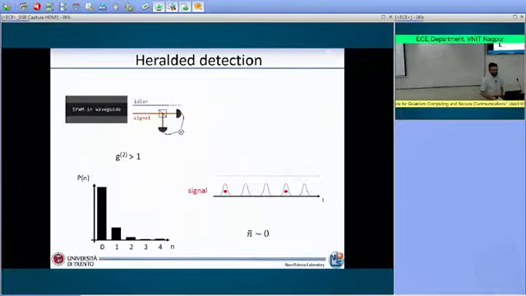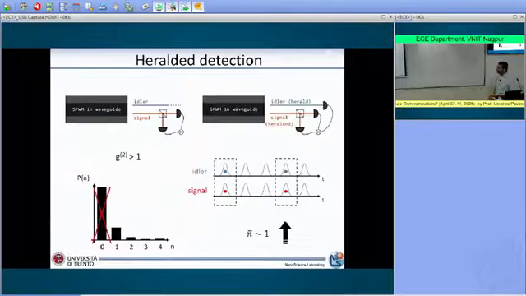Let us see what happens if now I repeat the experiment, but by applying the heralding approach. In this case, I'm measuring the other photon in the pair.